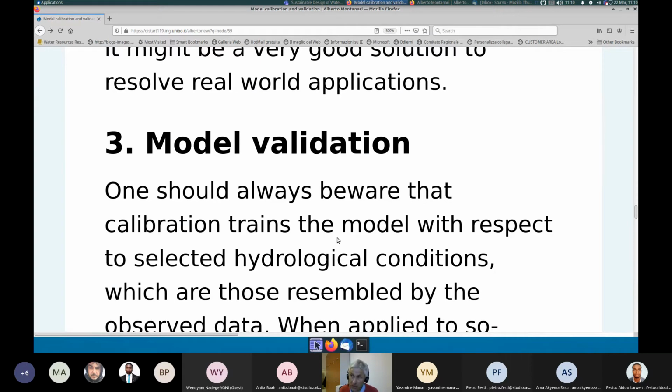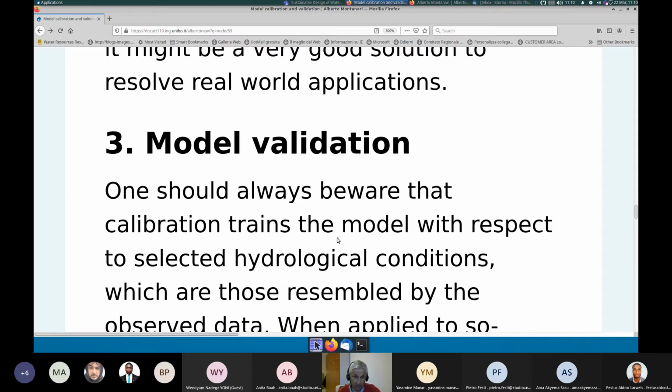Validation aims to confirm that the model is providing a good technical support, which is more than assessing that calibration went well. Because a model can be well calibrated, but still give you a poor technical support.